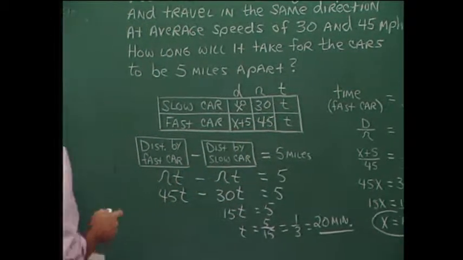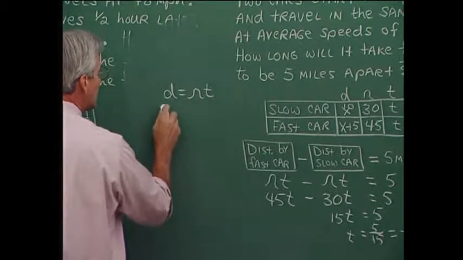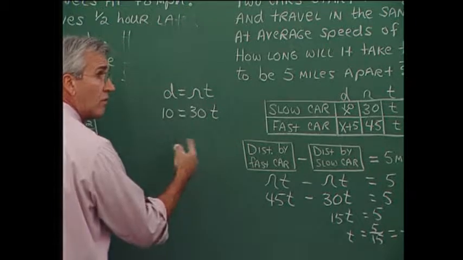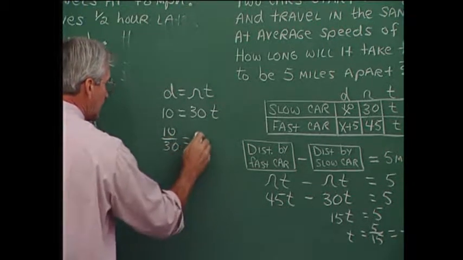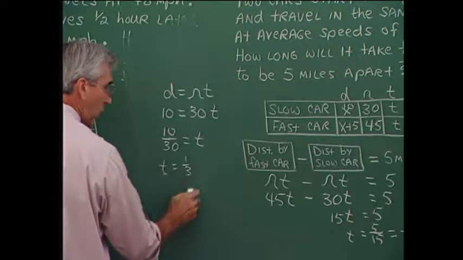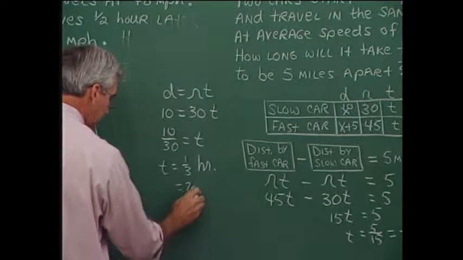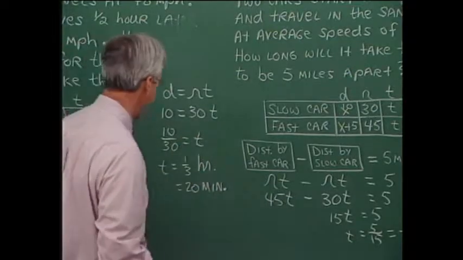We can just come out here to the side and say distance is rate times time. The distance of 10 miles and a rate of 30 allows us to solve for time. Divide by 30 on both sides, and we get this. So time then is 1/3, or that's 1/3 of an hour, which is 20 minutes. So in 20 minutes, the cars will be 5 miles apart.